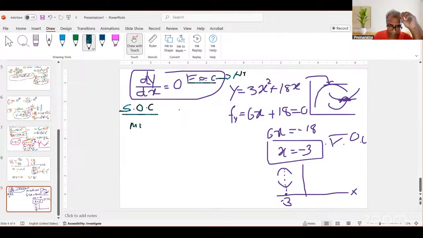You want to get the maximum point. When you differentiate the same equation again, which means the second order differentiation, d squared y over d x squared, or we can write f x x.